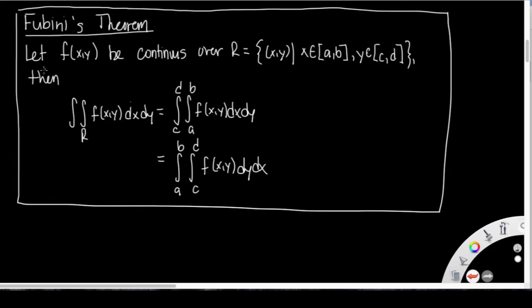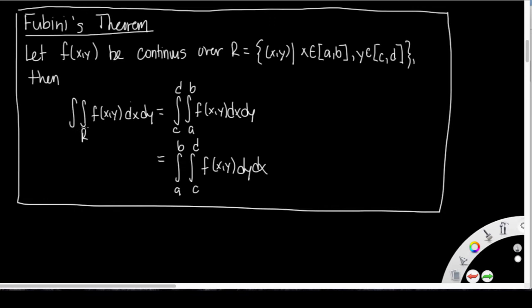So Fubini's theorem is as follows. Let f of x, y be continuous over a region R, when I say R for rectangle, where R is a set of x, y such that x ranges from A to B and y ranges from C to D. So what we're looking at here is in fact a rectangle if A and B, C and D are real numbers.